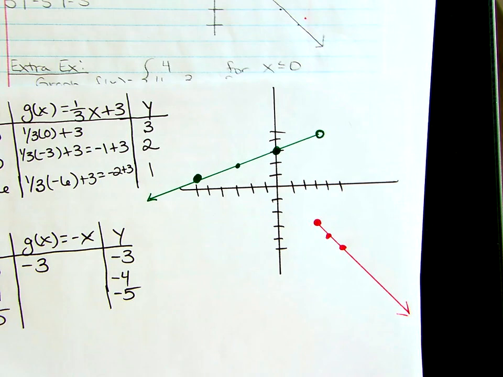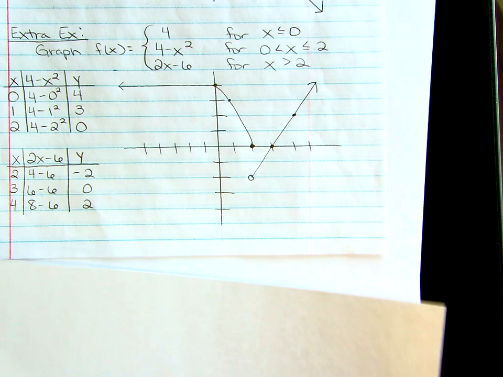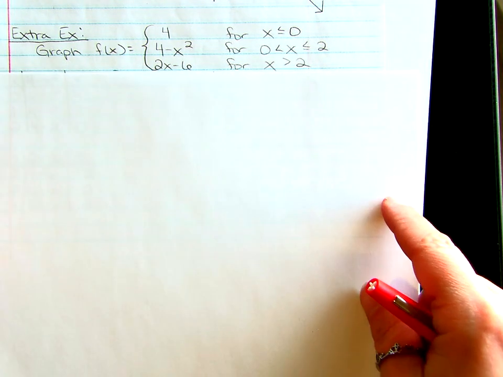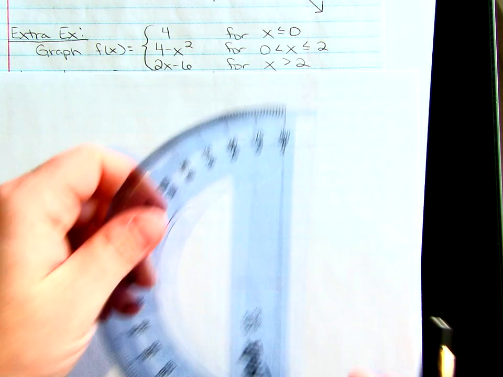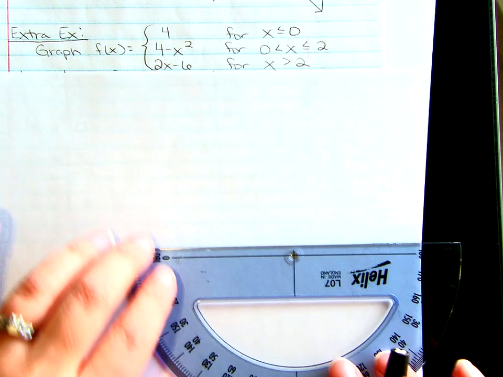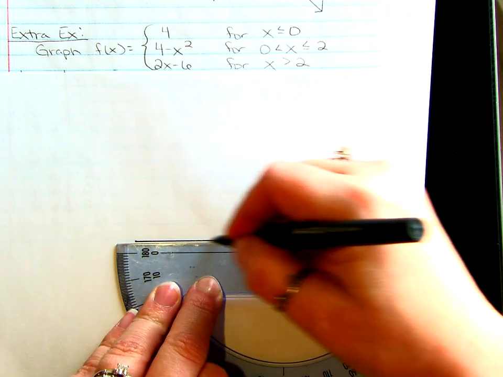This one's got 3 different things going on. Is that just 4x squared, or is there a symbol in between two? That's a minus.